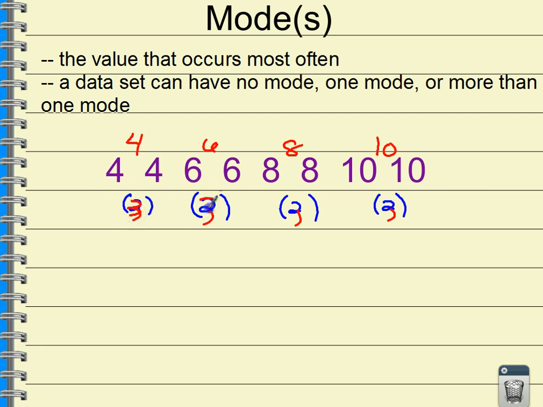So maybe they occur 3 times, maybe they could all occur 4 times, but if they all occur the same amount of times, there is no mode here. They don't occur more times than the others, so there is no mode here. And you would just write that down, no mode.